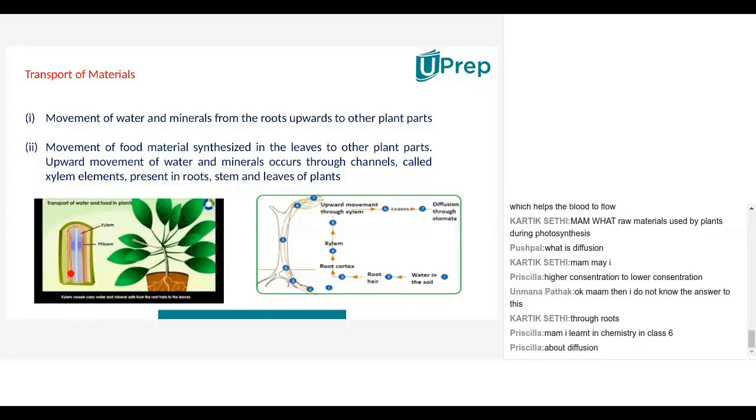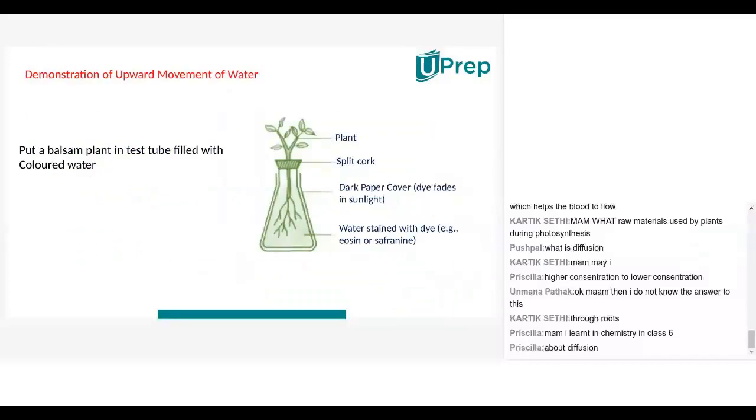Xylem helps in the upward movement of water and minerals, right? Xylem is present in stems, in roots and also in the leaf. But as soon as there is stomata, there is no xylem. So that is when diffusion starts. Because there is no more xylem over there, that is when, by diffusion, it enters the stomata.